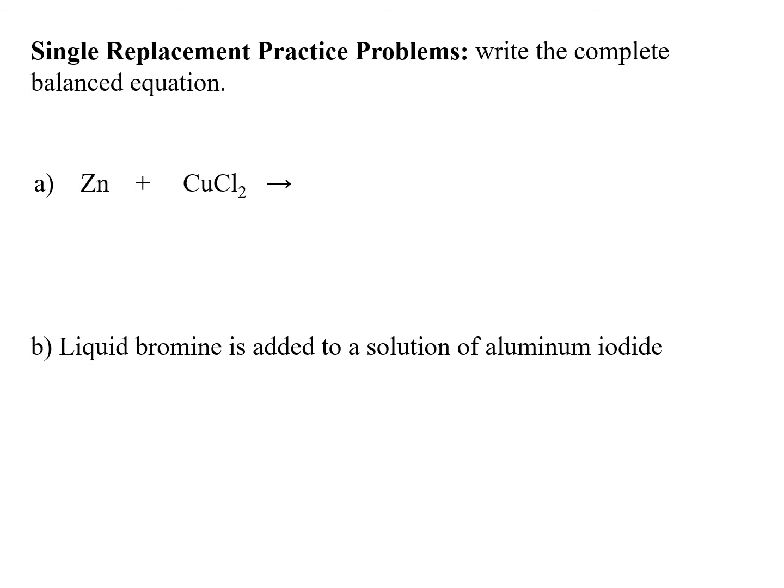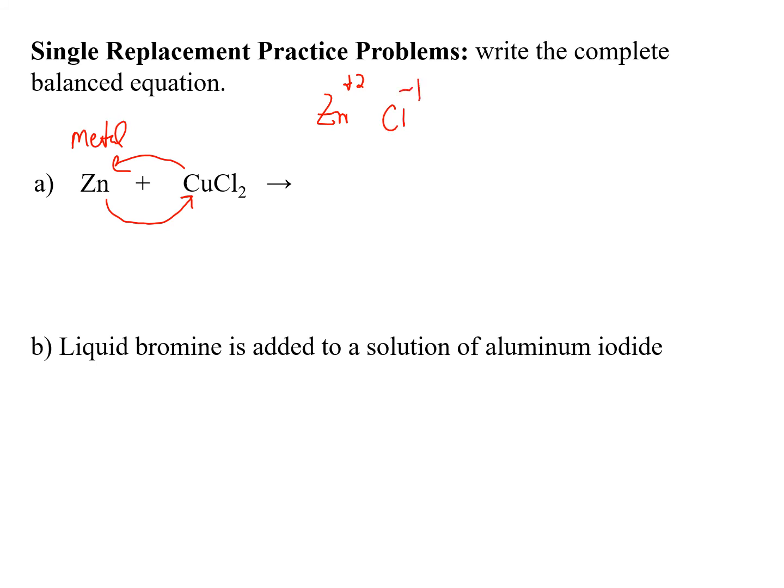All right, now in our first problem, our element is a metal. So that means that the metal is going to replace the metal of the compound. Now we have to consider the charges when we write the formula of a new compound. So zinc always forms a +2.